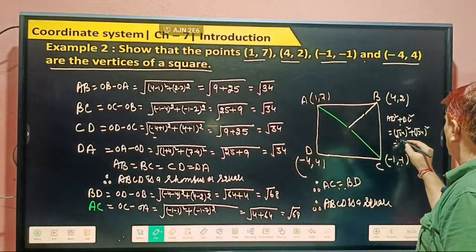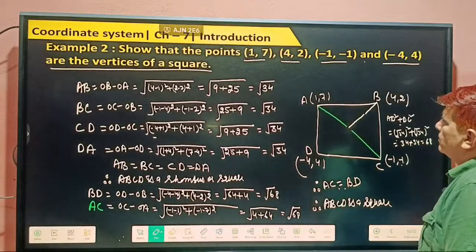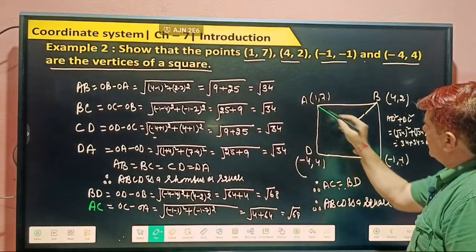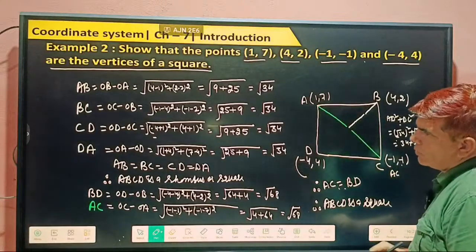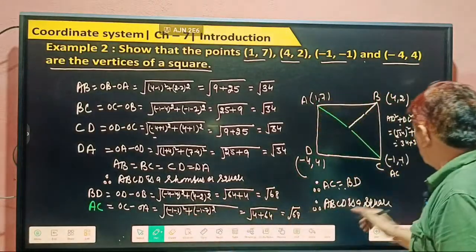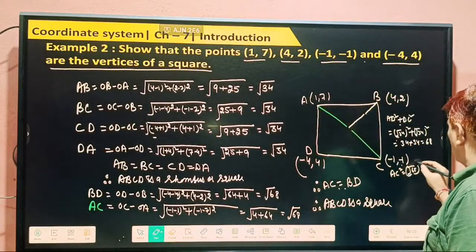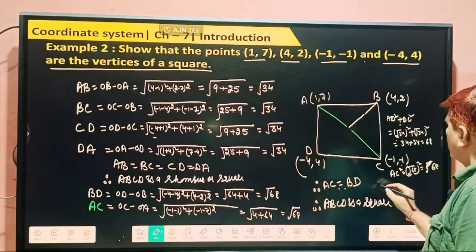So this is equal to 34 plus 34, how much? 68. And what is AC? AC square equals under root 68 whole square, which is 68.